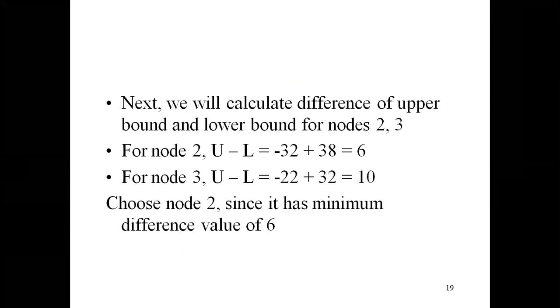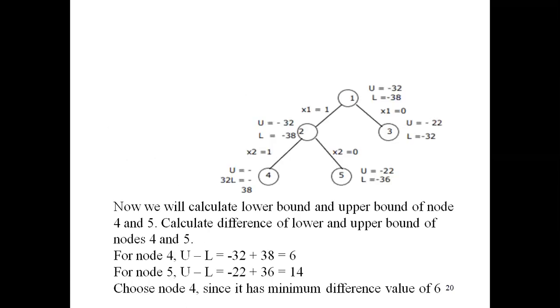So choose node 2, since at node 2 the difference is less than the node 3 difference. That is why we are taking node 2, since it has the minimum difference value of 6. Now take this tree and explore node 2.